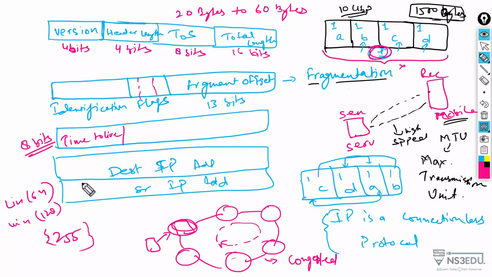So time to live for Cisco devices is 255, which means that after crossing 255 routers, the packet you are sending will be dropped.